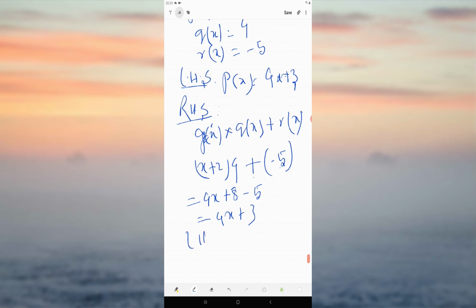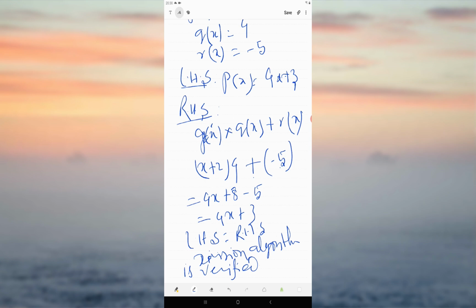So LHS equals RHS. So the division algorithm is verified for the given condition, when the degree of q(x) and r(x) is the same.